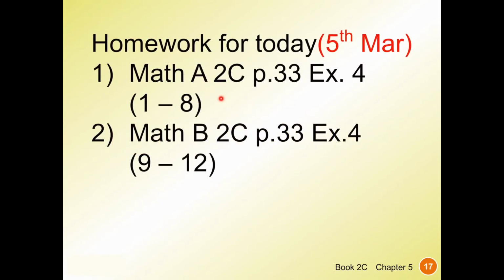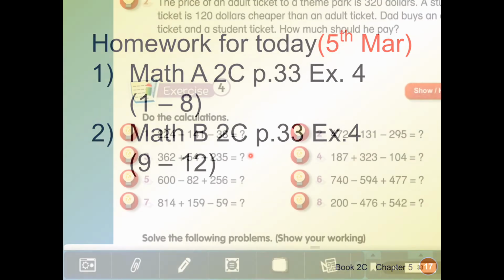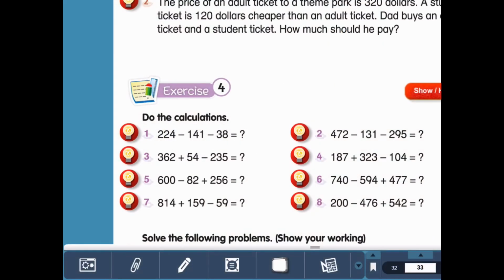For today's homework, you need to work on textbook page 33, exercise 4, number 1 to 12. And make sure you do these questions on Math A or Math B or the PDF file, which has the formats of Math A and Math B. For question 1 to 8, they're just addition and subtraction of 3-digit numbers.